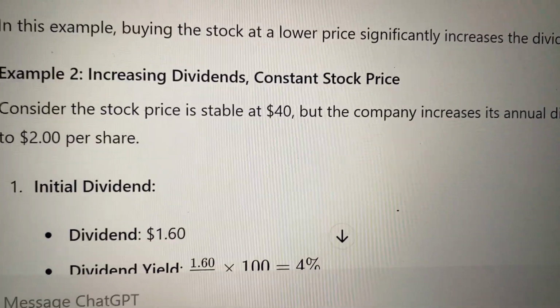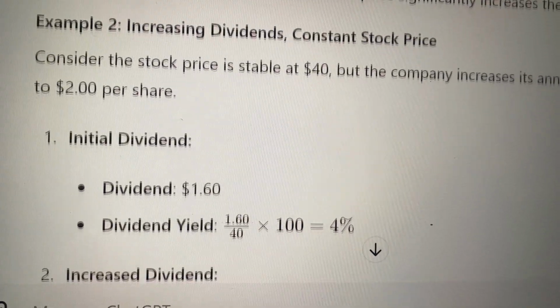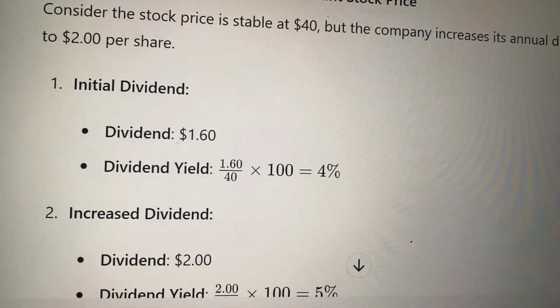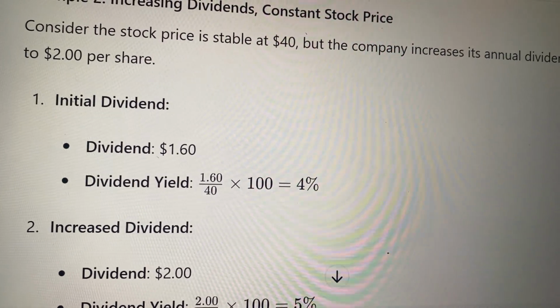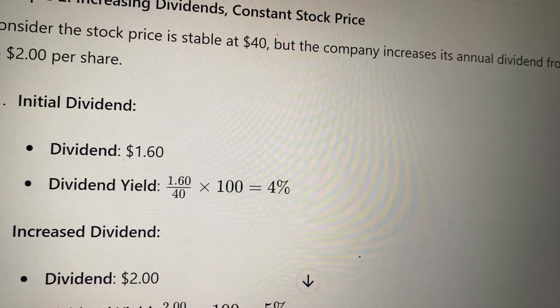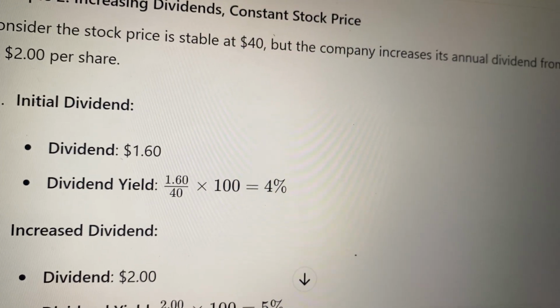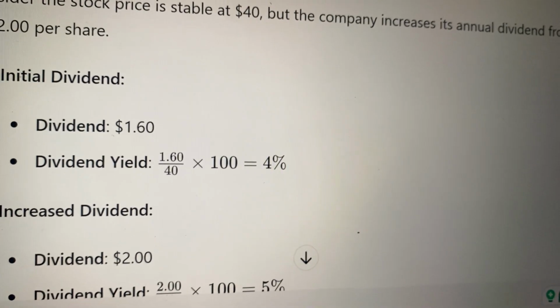So we'll look at number one. The initial dividend is $1.60. The dividend yield is calculated by $1.60 divided by the price of the stock times 100. It gives you 4%.